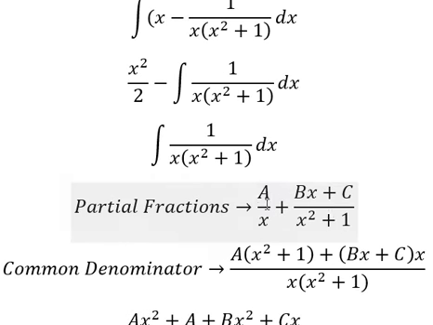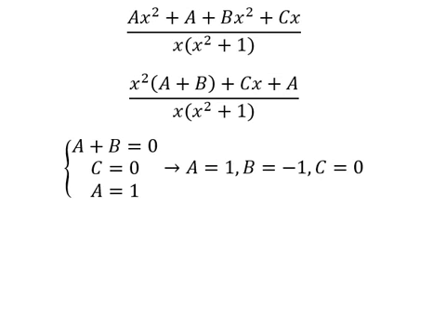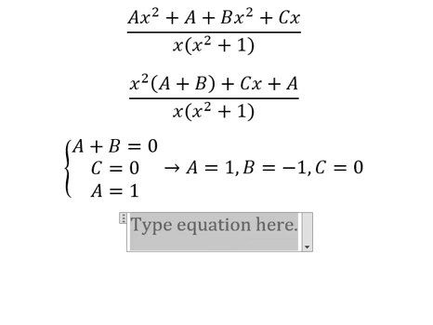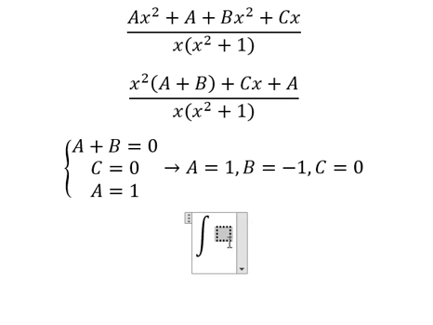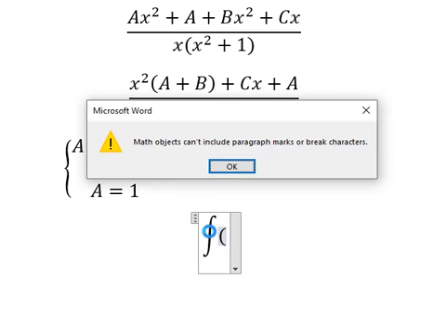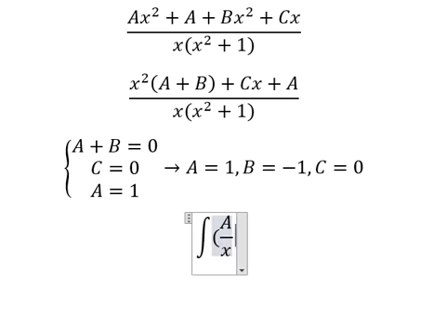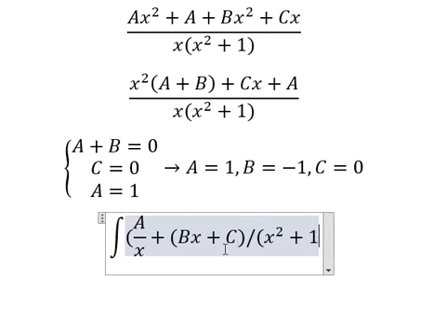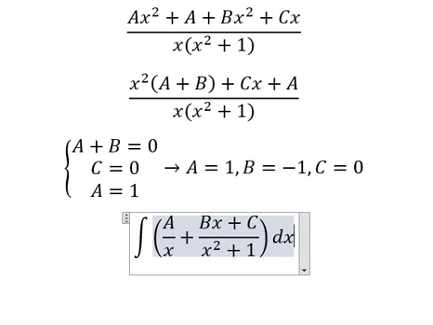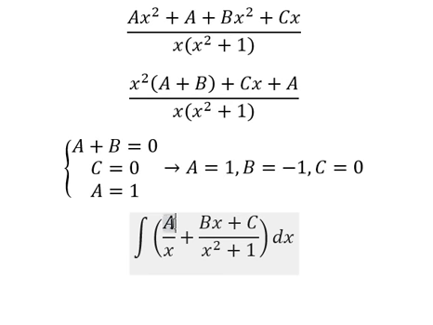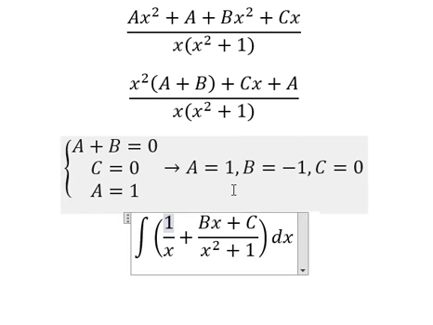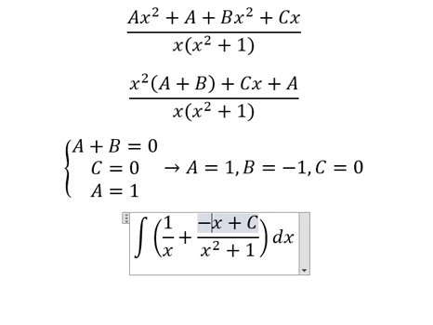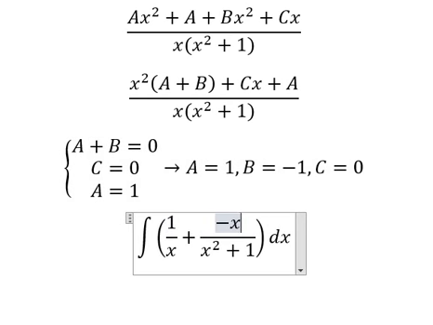And now we put the values in here. So a equals number 1, b equals negative number 1, and c is 0.